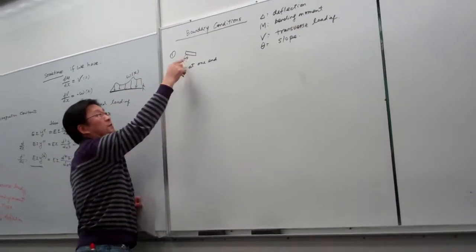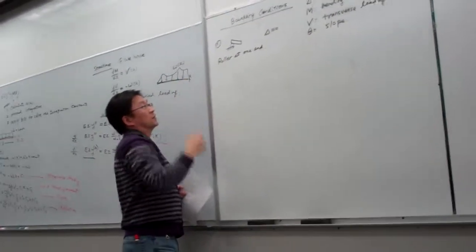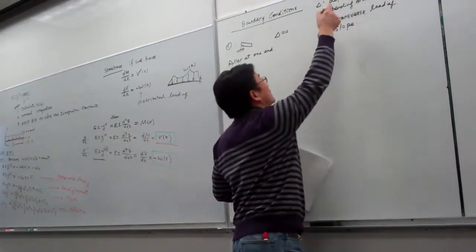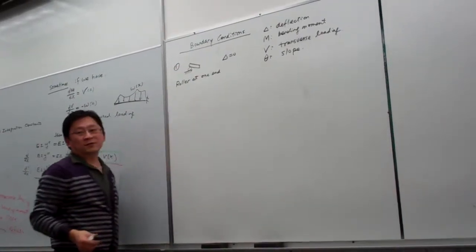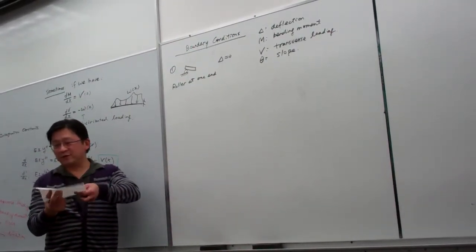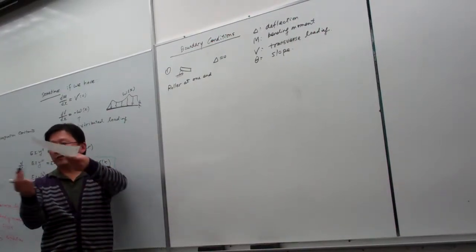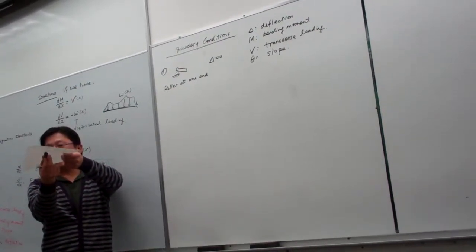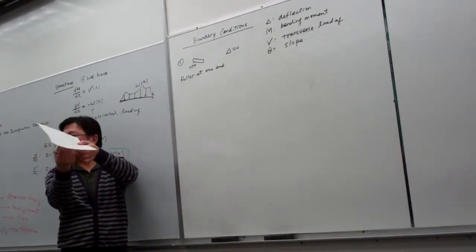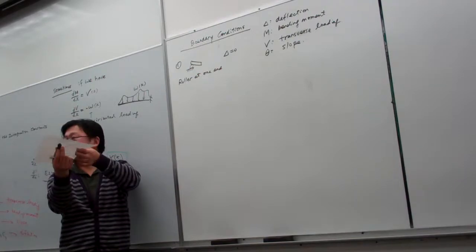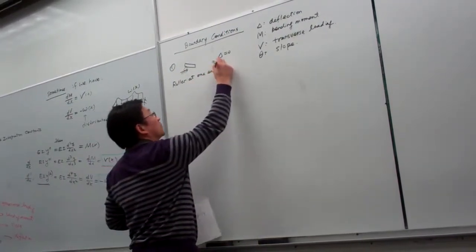At this support, the vertical deflection, the vertical displacement, equals 0. And because this is a roller, it is free. It only constrains the vertical displacement but allows free rotation. Free to rotate means there's no bending constraint. So for this case, the bending moment equals 0 at this point.